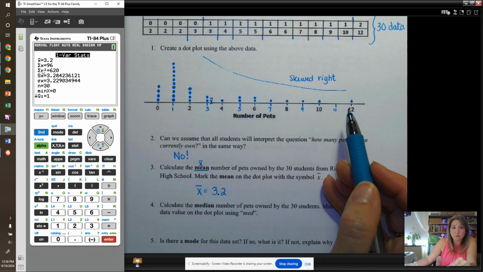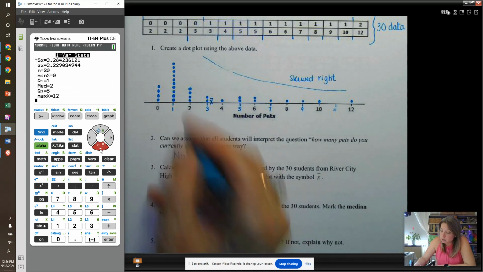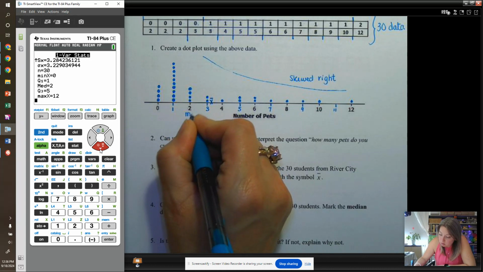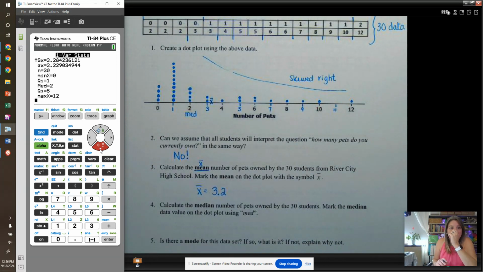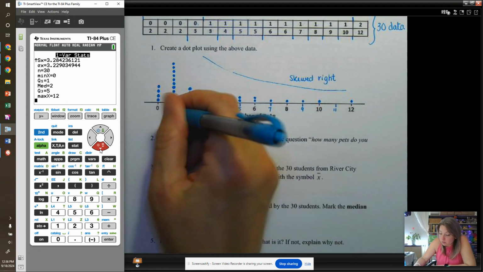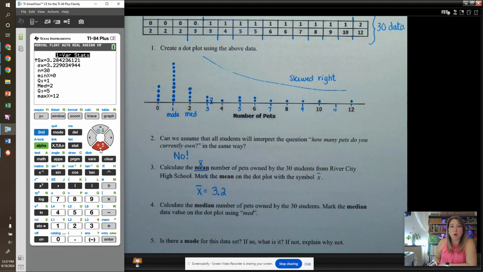the mode, right? So let's just look down in our data set that we were given here and look at what the median was. So the median was 2. So in here is where the median is, the very middle data value. And we can very clearly see that the mode is 1.